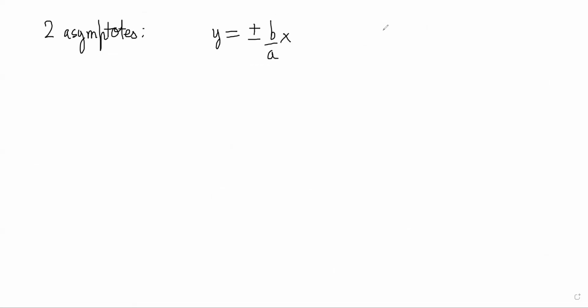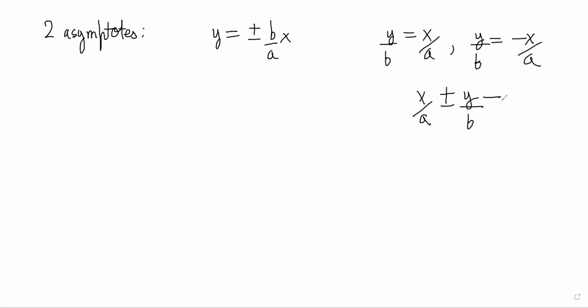So you have y by b is equal to x by a, or y by b is equal to minus x by a. So you can write it as x by a plus minus y by b equals 0, right? So these are the two asymptote equations.